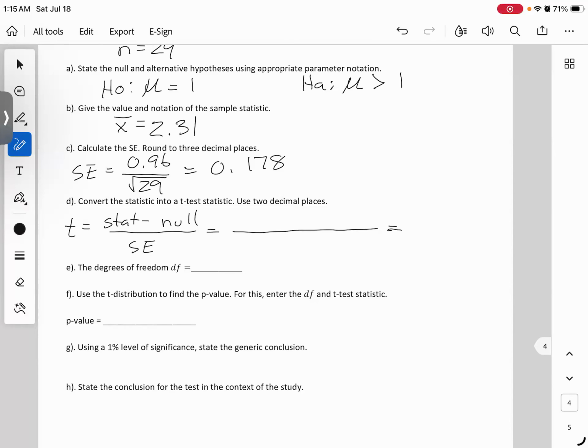And now today it's going to be called the T test statistic because it's going to get inputted into the T distribution. Your statistic was the 2.31, and then the null would be the 1 from the null hypothesis. Then our standard error is the 0.178. Again, double check this, but you should get 7.36.